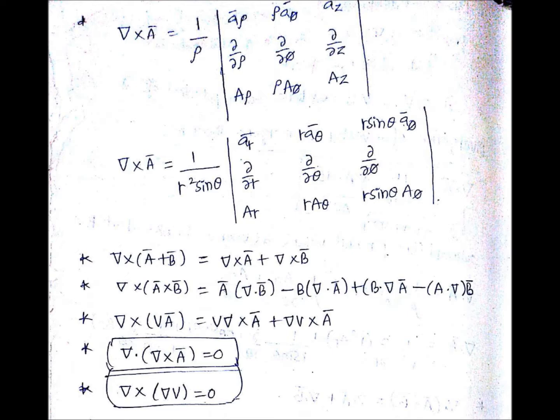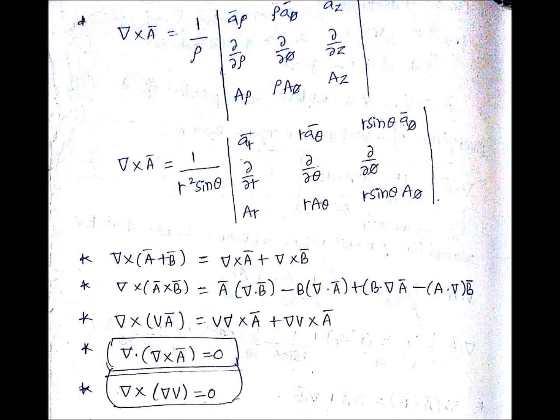But for cylindrical and spherical, how it is going to look like, that is important. So this is a formula like this, because here the del operator is same, that is cross product with the a bar. So that a bar is nothing but your cylindrical coordinate system's vector. You all know in the first lecture I mentioned it as a rho, a phi, a z, means coefficients are A rho, A phi, A z, right?